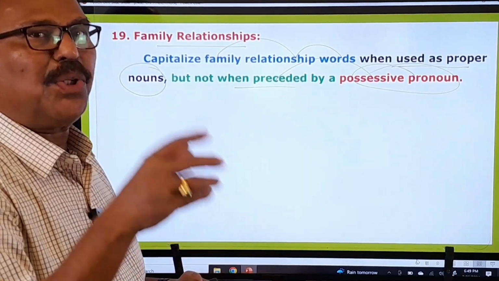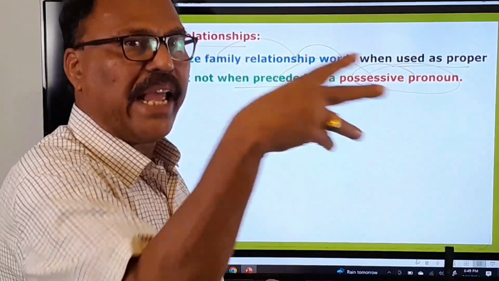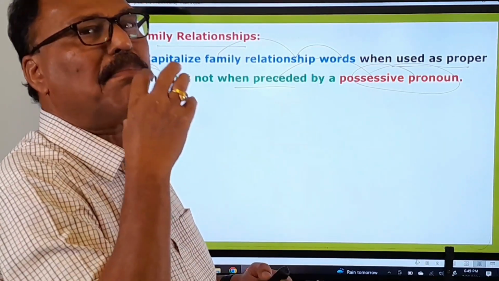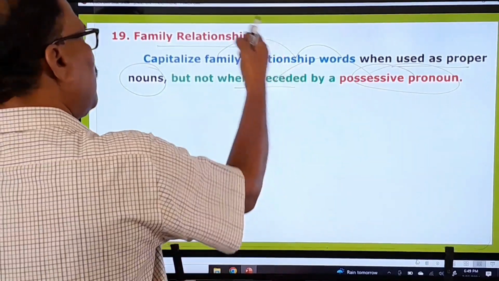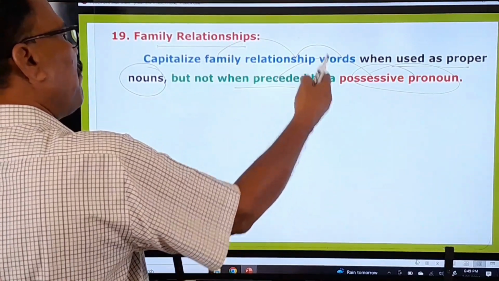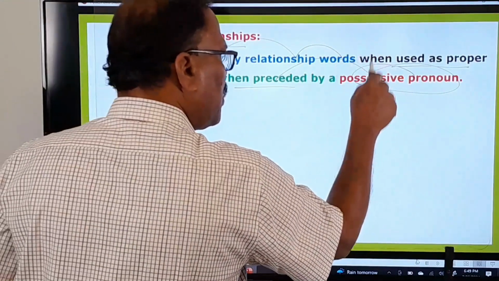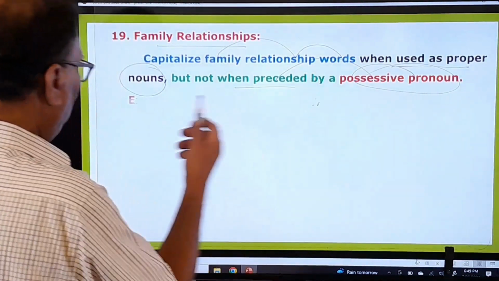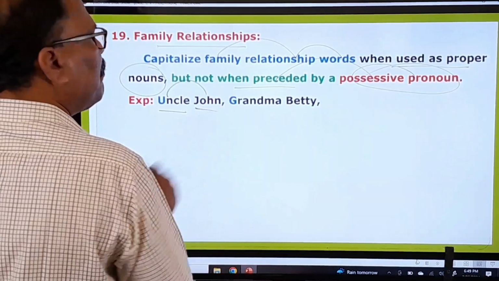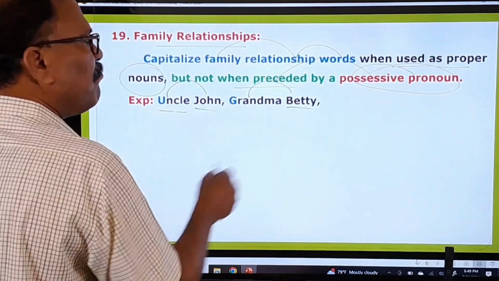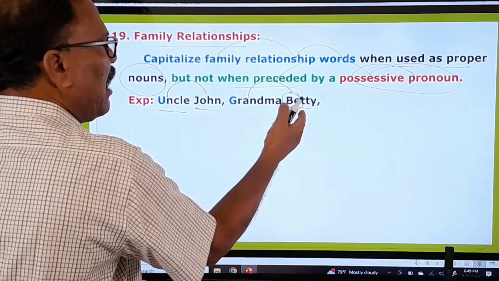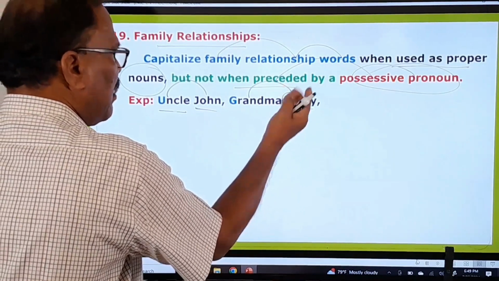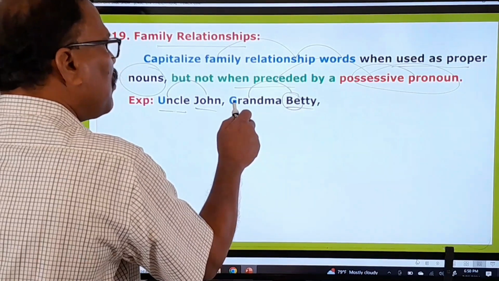My, our, your, his, her, their. These are the possessive pronouns. So when these relationships are preceded by these possessive pronouns, you should not capitalize them. And here you pay attention: Uncle John, Grandma Betty. Of course, Betty is the name of that grandma. B is generally capitalized. So, Grandma Betty.